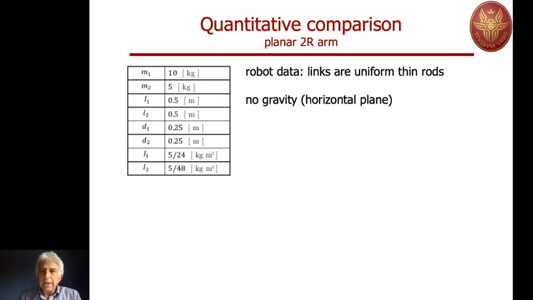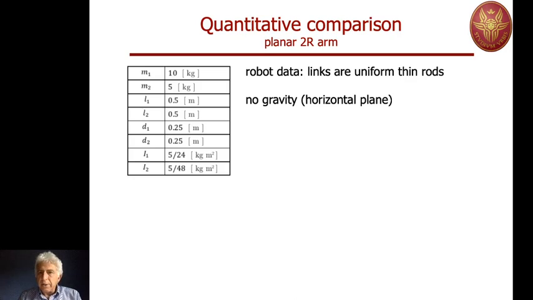I've taken the simplest case with no gravity, so a planar 2R arm with this data. The first link has a mass of 10 kilograms, the second of 5 kilograms, equal link length, uniform mass distribution, and some value for the inertia around the center of masses.